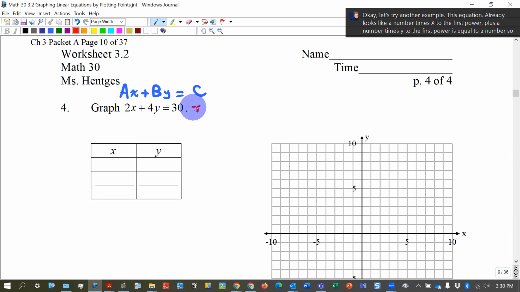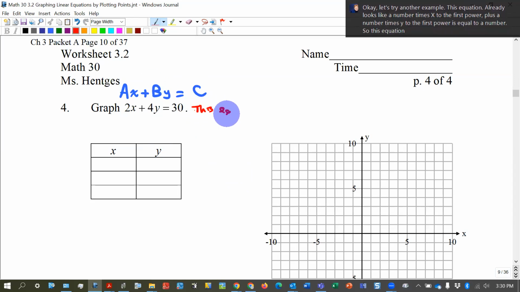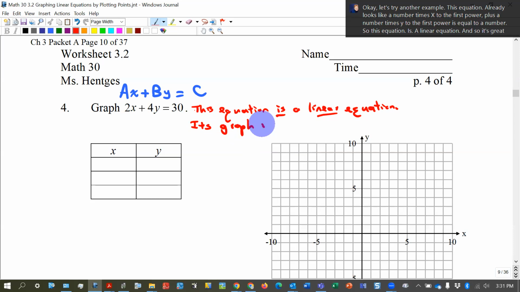So this equation is a linear equation, and so its graph will be a line.